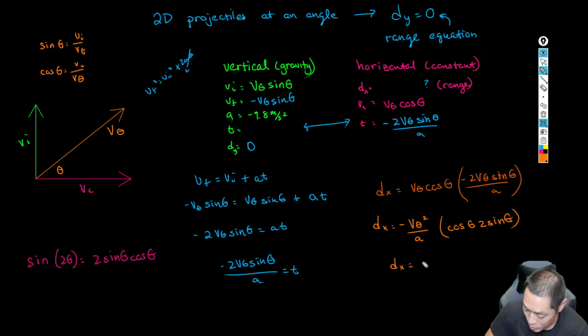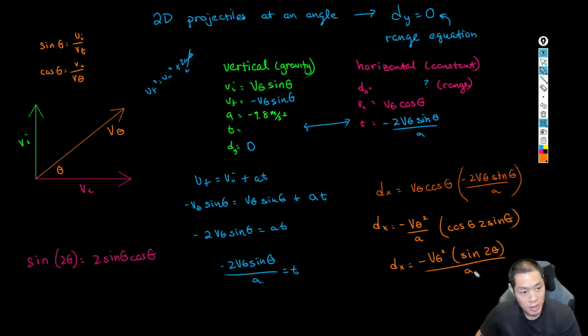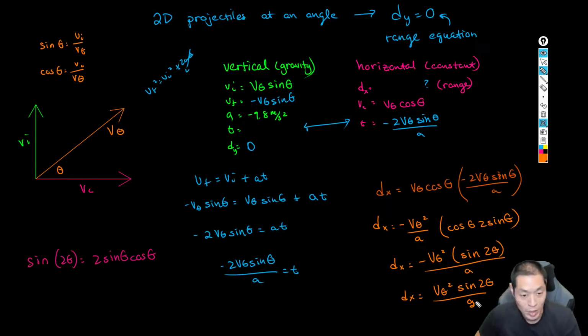So dx is equal to negative v theta squared times sine of 2 theta divided by a. Now a is technically negative g. So dx is equal to v theta squared sine of 2 theta over g. G is just 9.8. Okay, so here is our range equation.